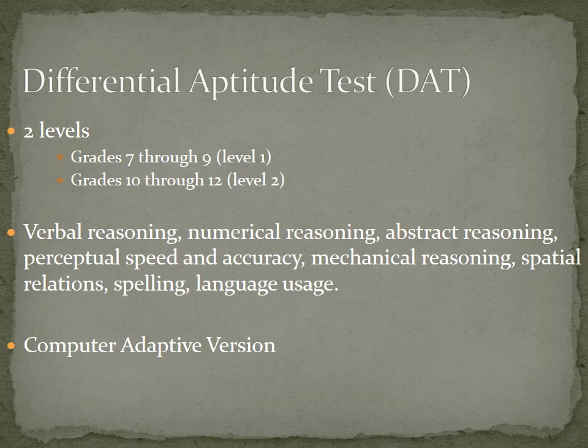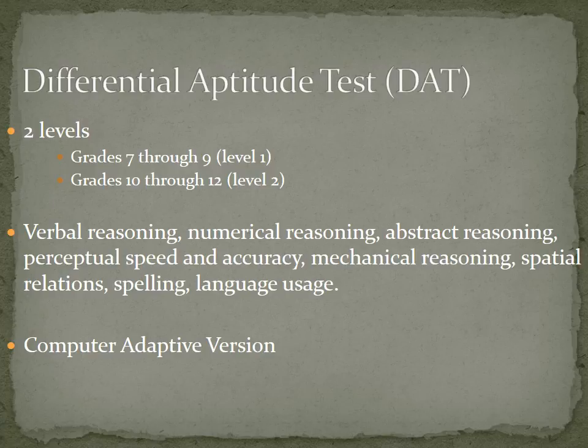So another aptitude test, and this is one that I'm not as familiar with, is the DAT. The reason I'm not as familiar with it, at least as a clinician, is because it is geared towards younger individuals.